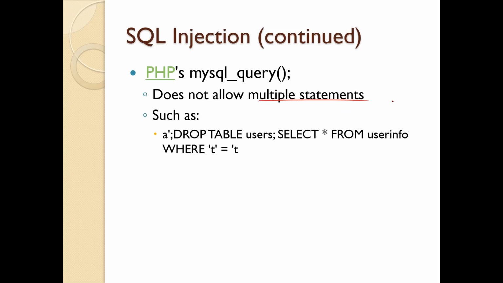It will only allow one. A multiple statement would be such as this: this is one statement, this is another statement, this is another. So there's three of them, and it's not going to allow that.